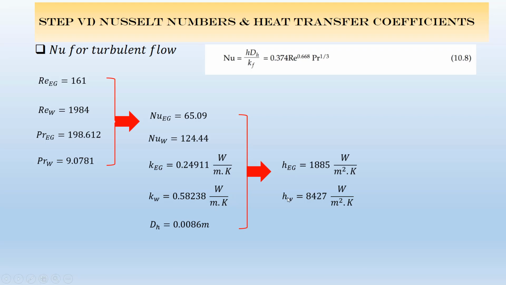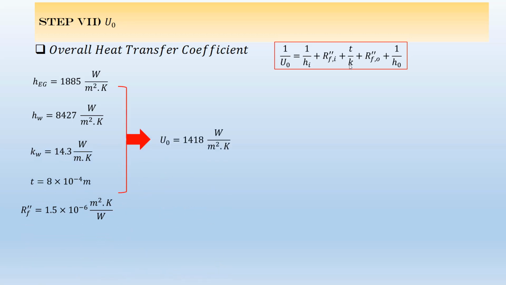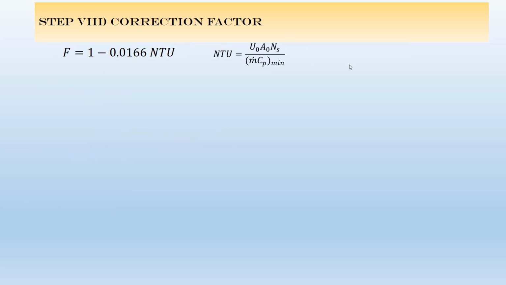Now you have the heat transfer coefficient, you can find the overall heat transfer coefficient. You have the fouling factors, the thickness of each plate, and the thermal conductivity of the plate, and by using this information, you can find the overall heat transfer coefficient.